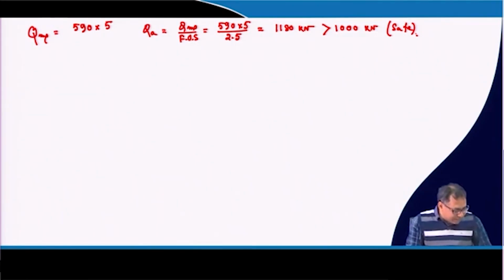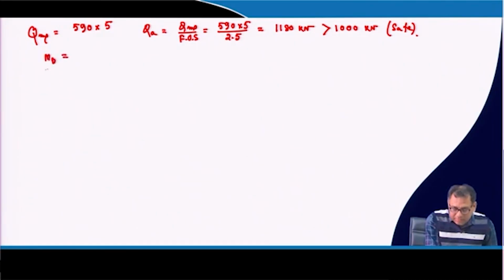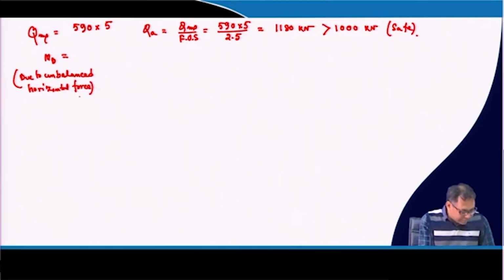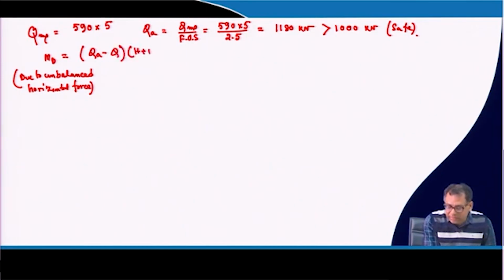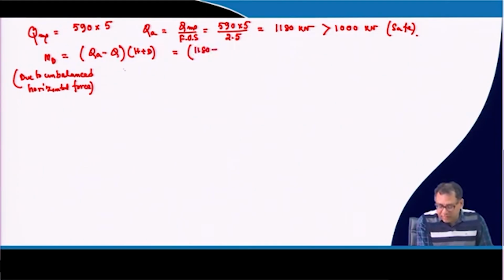So, that moment MB, this is due to the unbalanced horizontal force or the lateral force, is equal to Q A minus Q into H plus D. So, Q A is 1180 and Q is 1000.